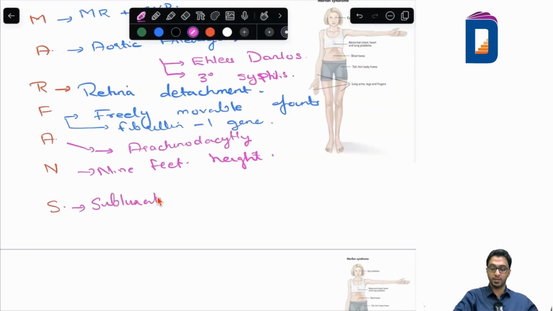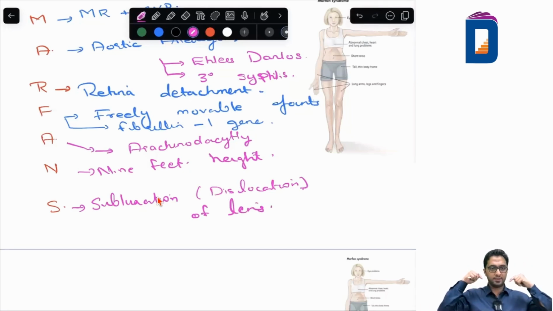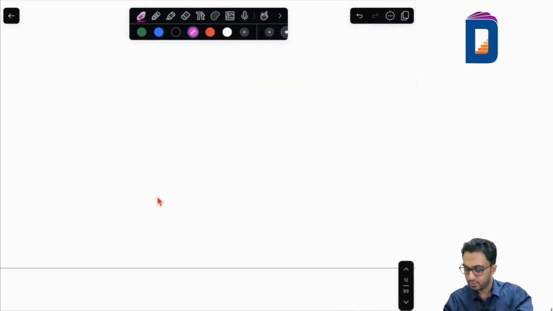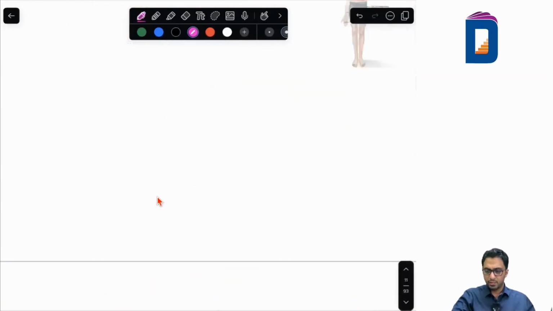Not TMJ. We'll see subluxation of TMJ in another lesion. This is subluxation or dislocation of your lens. We can use two terms: dislocation or subluxation of the lens of your eye. I'll show you a picture of that lens being displaced into the anterior chamber of the eye. Later I'll show you, no problem.